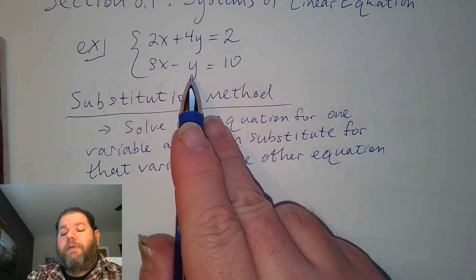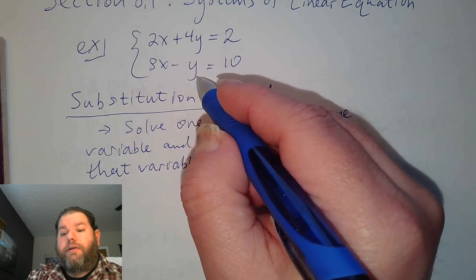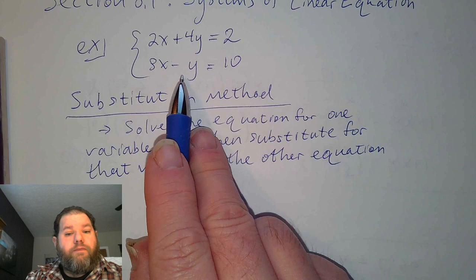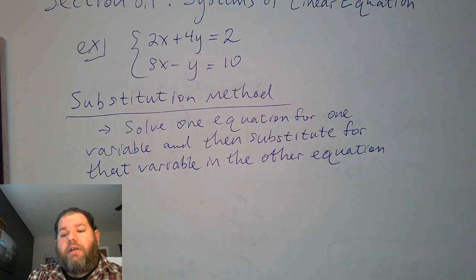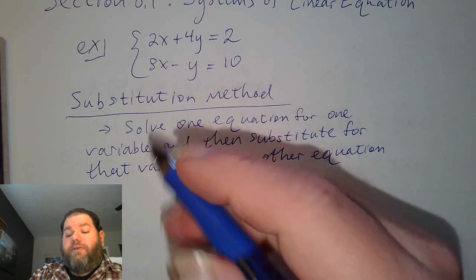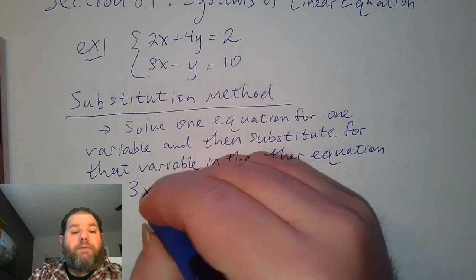And the reason that would be the easiest one to solve for here is it doesn't have a coefficient. We have to be careful. We don't want to create fractions when we don't need to. If we can solve for this y, we won't have to divide by any numbers, so we won't create any fractions unnecessarily. Which is lovely. We don't want to deal with fractions if we don't have to.